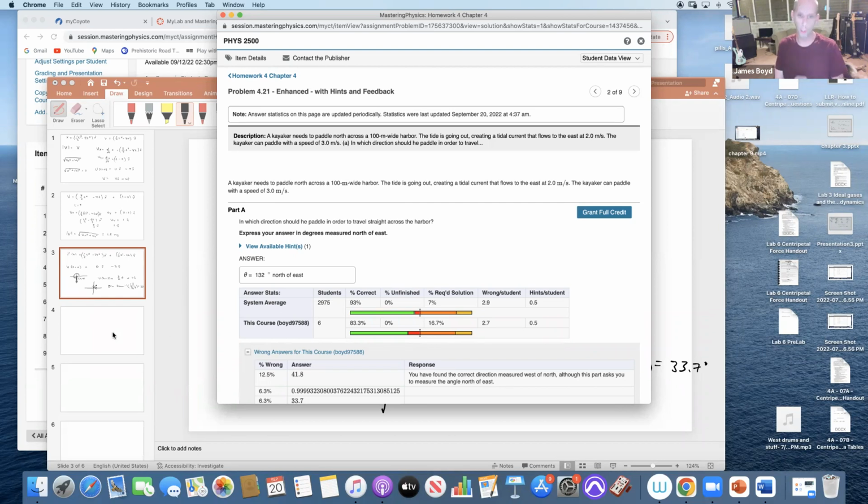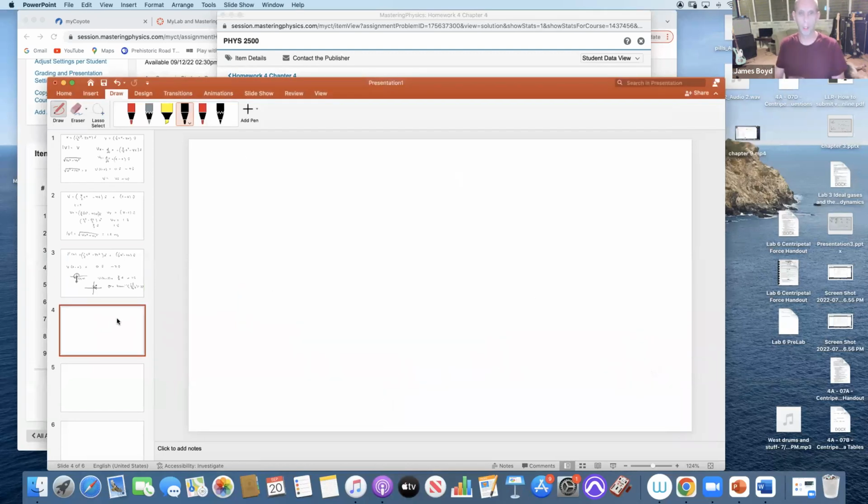So first, let's draw this. A kayaker wants to paddle across a 100-meter wide harbor. The tide is going out, creating a tidal current that flows to the east at 2 meters per second, and the kayaker can paddle at a speed of 3 meters per second. But we want them to travel in a straight line. We're going to assume that they are going to go north, and they need to go 100 meters.